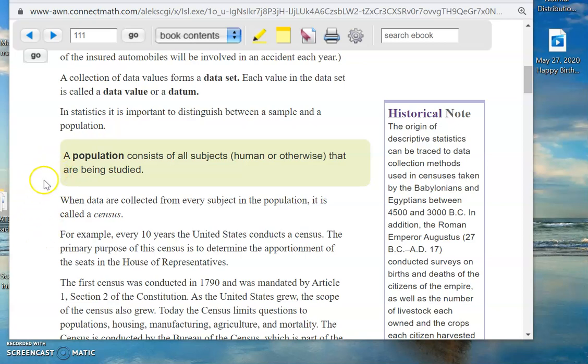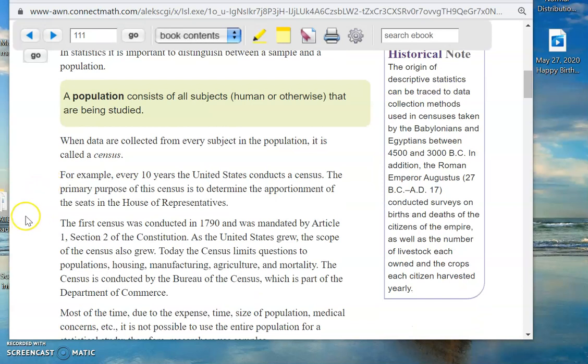Maybe the population might be the set of all hurricanes, all of the hurricanes that have happened throughout history. So the population consists of all subjects that are being studied. That's everybody. If you take data from the entire population, that's called a census.